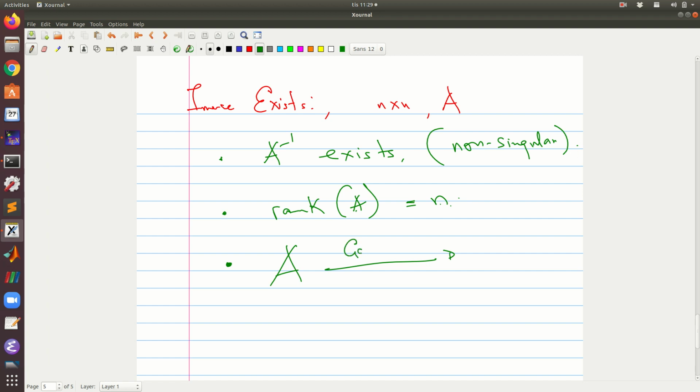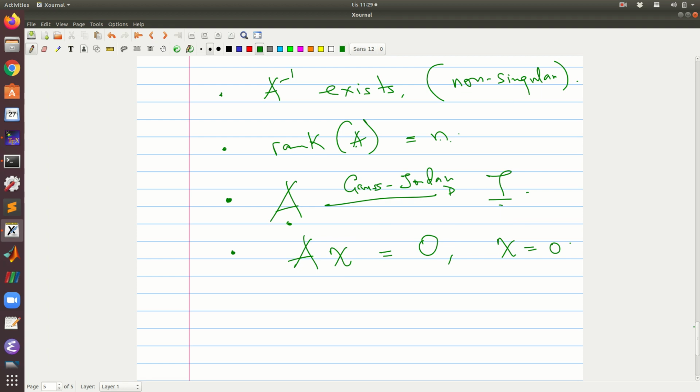We can use a Gauss-Jordan reduction of the rows of A to come up to the identity. We shall later on see we can use the Gauss-Jordan to transform the matrix A to the identity matrix I. Okay, and then later on we say that Ax equals 0 if we have this homogeneous system. Therefore we have that x should be equal to the 0 vector.